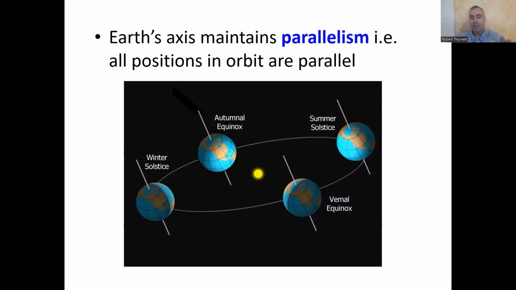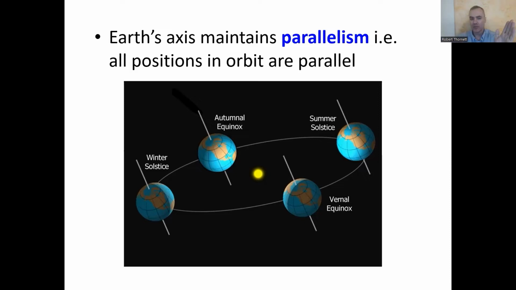The second property that starts with P of the Earth's axis is parallelism, polarity and parallelism. Parallelism means that Earth's axis, as you see in the diagram, is always parallel to itself at all positions throughout the orbit.